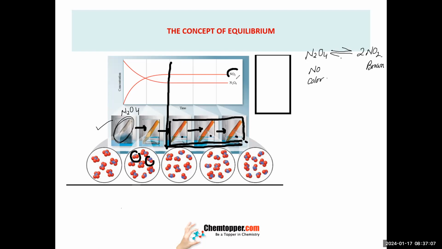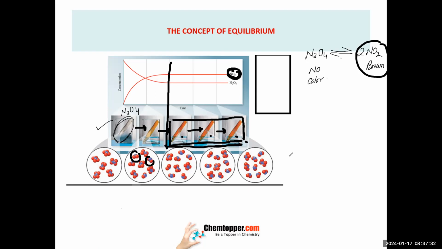The color is due to NO2, the brown color you can see. So during this time, there is no change in the brown color of the tube. The question is why?